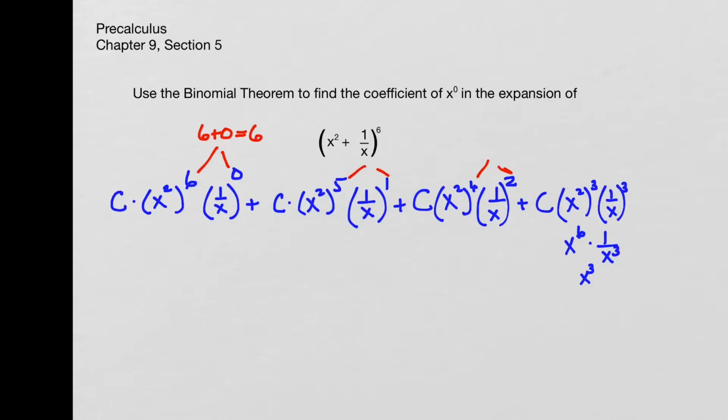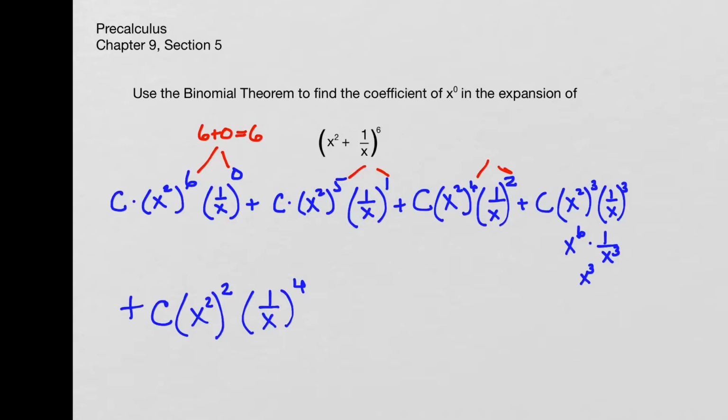So we are getting smaller exponents for x, but we're not quite done yet. So I'm going to continue, plus some constant, x squared to the 2, 1 over x to the 4. And again, my exponents add up to 6.